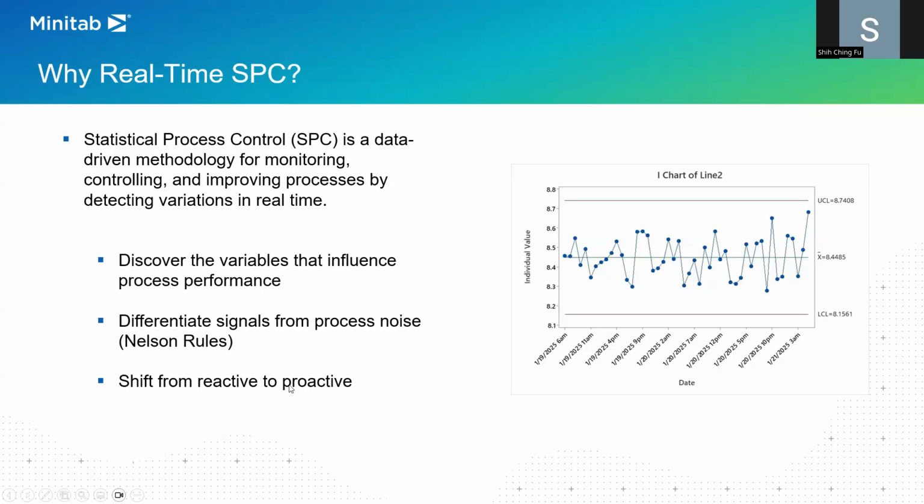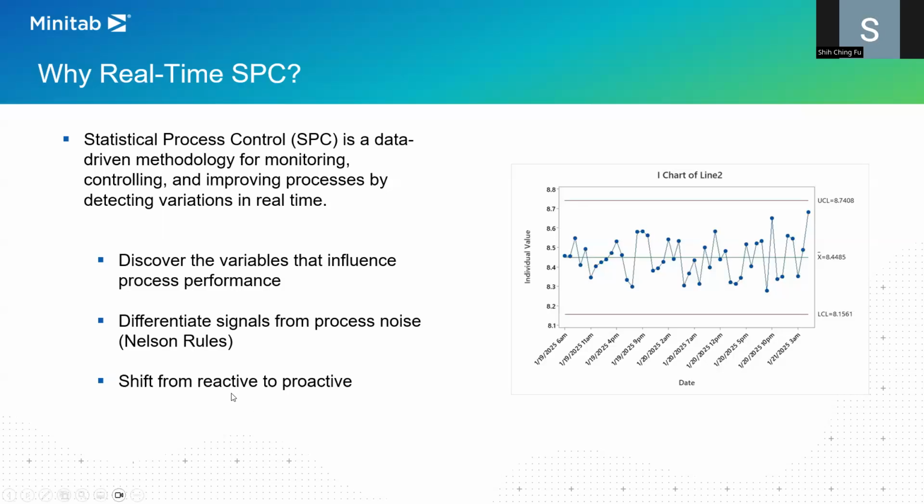We use Nelson rules. And the most important thing, we try to shift from reactive to proactive by applying real time. If you don't have real time, you could get the data maybe one day later, look at a graph, and identify that something is wrong. It's called reactive.